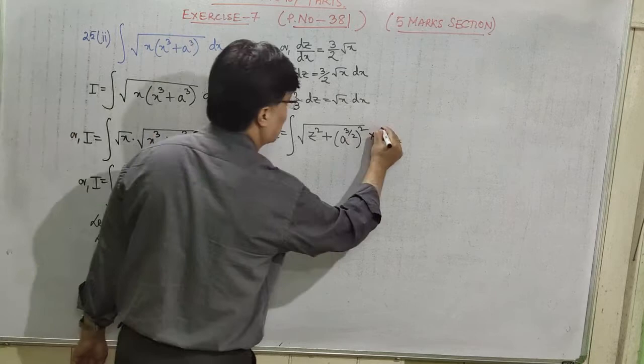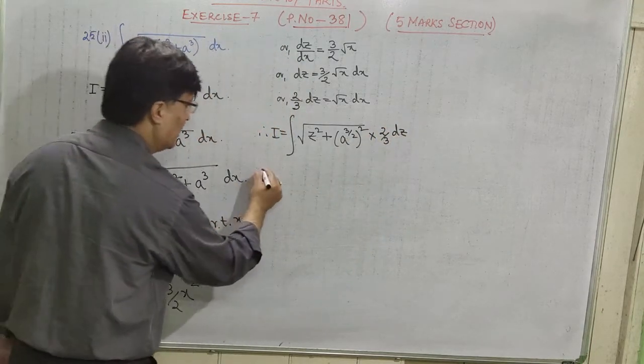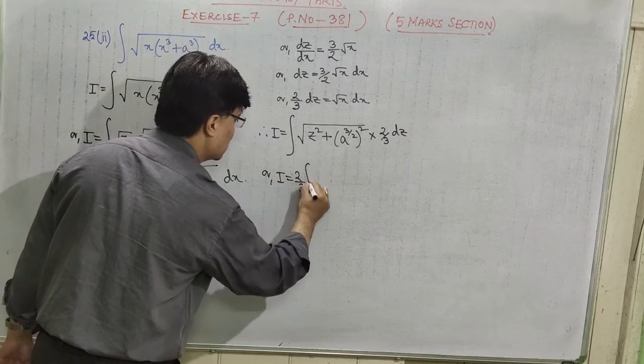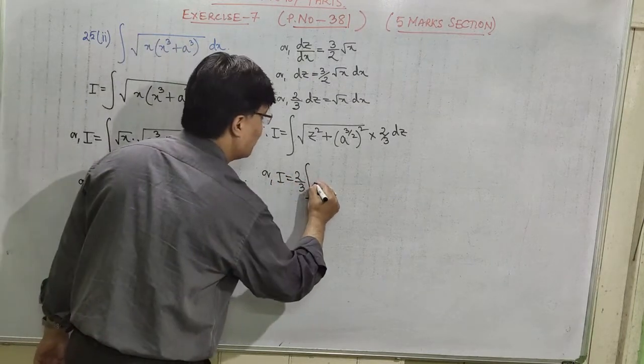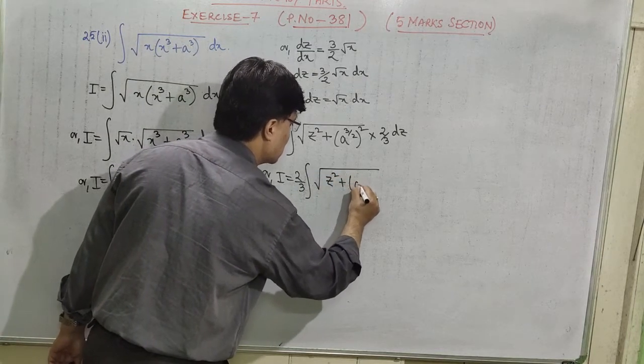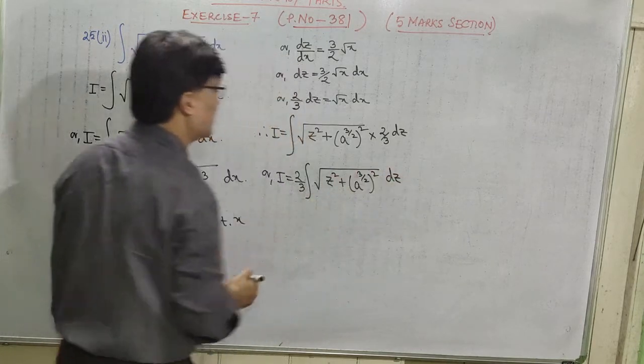It is 2/3 dz. Okay, or I is equal to 2 by 3 is constant, integration of within square root, this is z square plus a to the power 3 by 2 whole square, then what do we write?